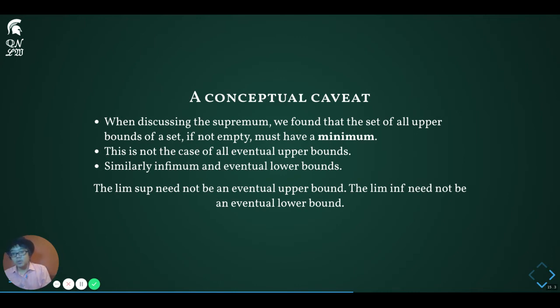The infimum is always a lower bound of the set. The lim inf need not be an eventual lower bound of the sequence. These are conceptual complications introduced by the fact that the sequences are dynamic. We will return to this and other subtleties of the lim sup and lim inf later in this course.